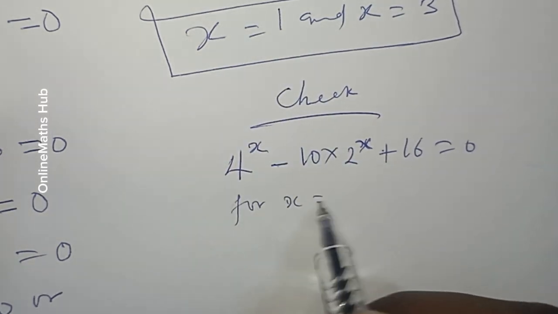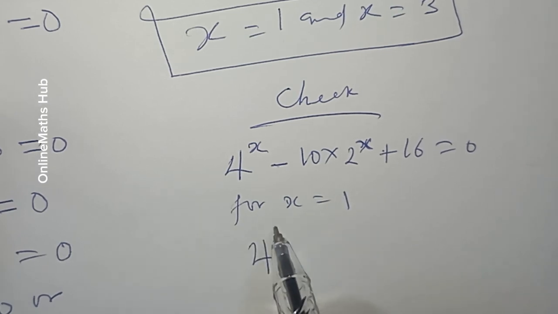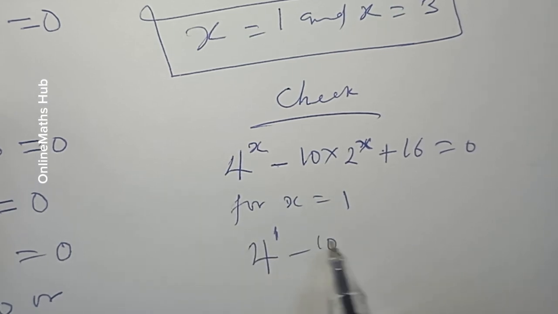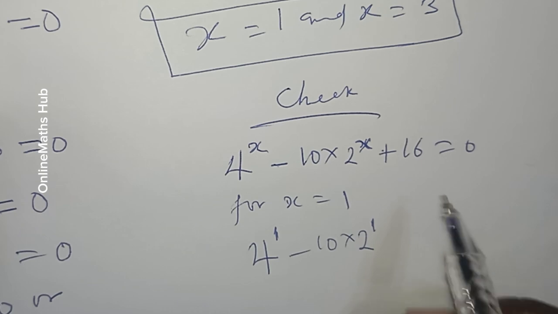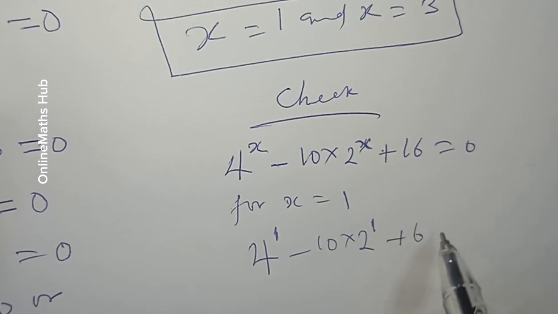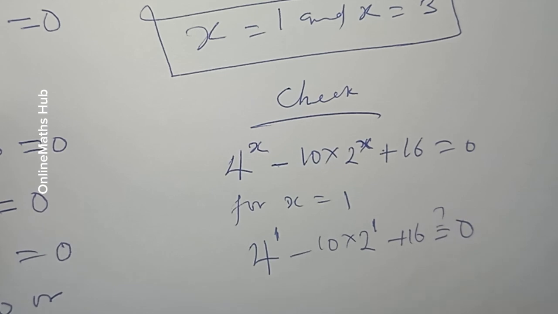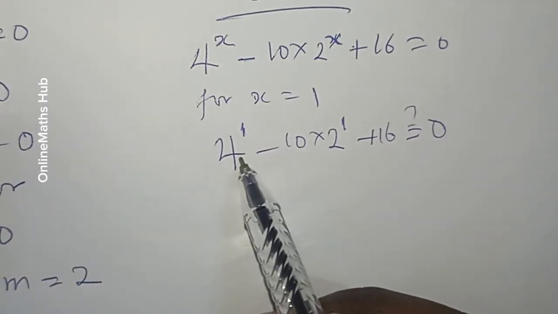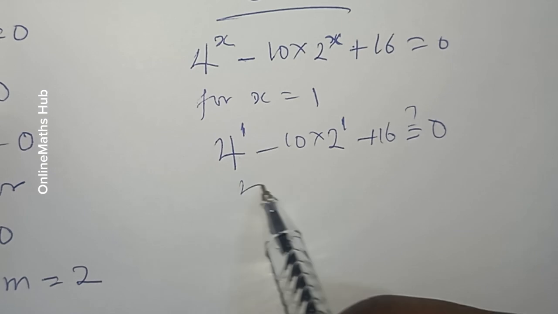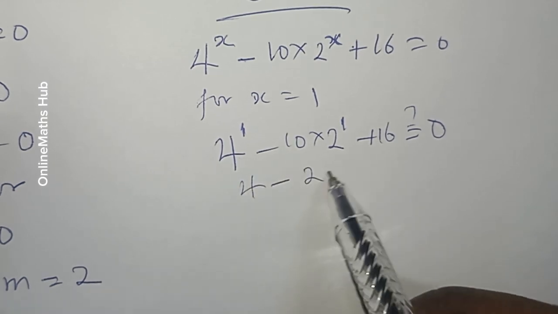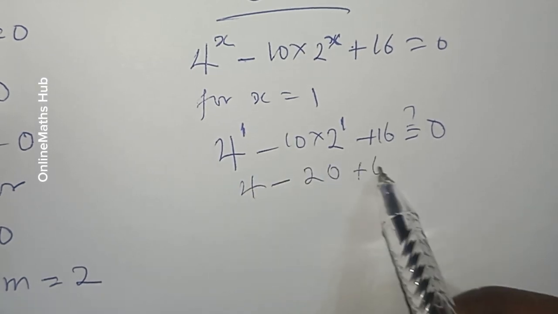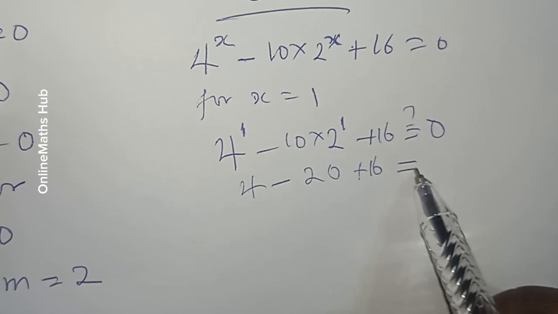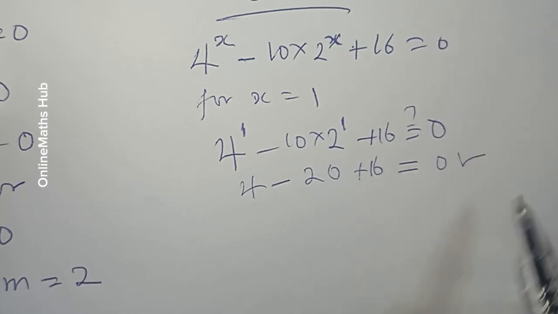For x equal to 1, we have 4^1 - 10 × 2^1 + 16. We want to find out whether this is equal to 0. This is 4 - 20 + 16, and obviously you can see that this is equal to 0, so that holds.